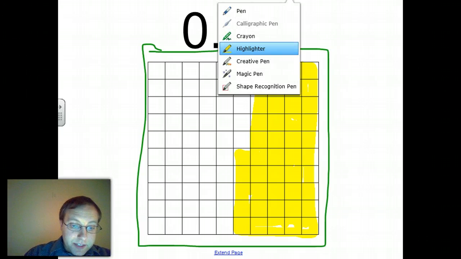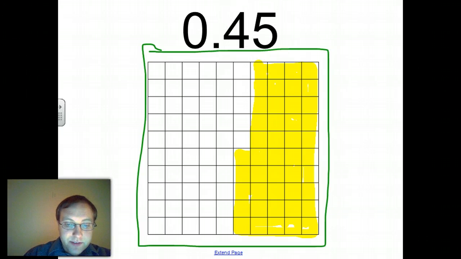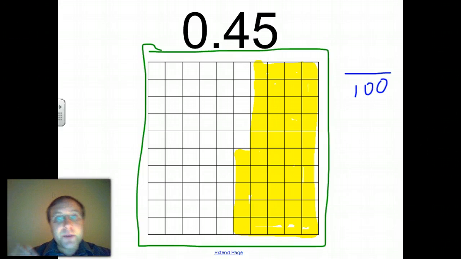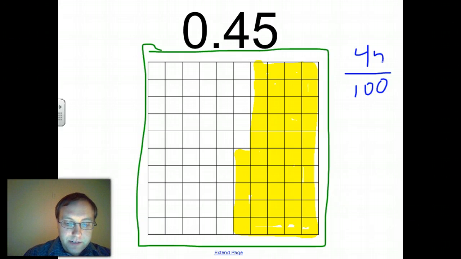So, going back to how we start learning about fractions, where we talk about numerator over denominator. The denominator being the total number of parts that we have, or the total set, which is, in this case, 100. And the numerator being the number of things that are unique about that set, or the things that we were talking about specifically. And in this case, we're talking about those 45 squares that we colored in.